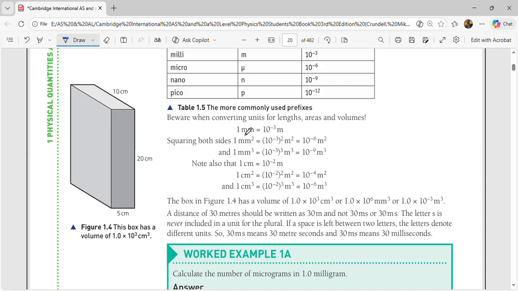That's the same case with the centimeter. 1 centimeter is 1 out of 100 meters, or basically we say 1 meter is equal to 100 centimeters. That one is easy. We've seen it a lot on meter rules, because a 100 centimeter rule is a 1 meter rule, the long rule we use in labs.